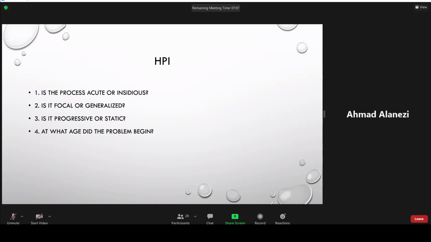We have a lot of other metabolic etiologies, white matter diseases, leukodystrophies, mitochondrial diseases, and so on. So there is a disease process going on causing the patient to deteriorate with time.